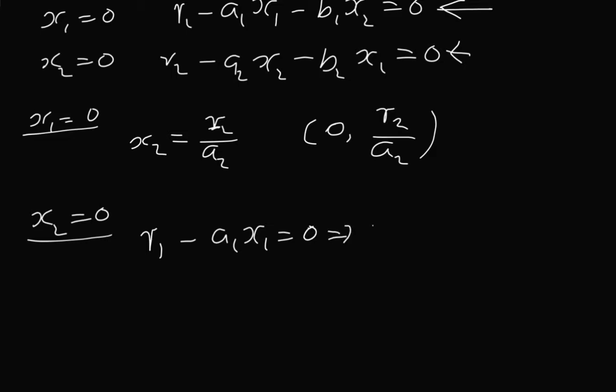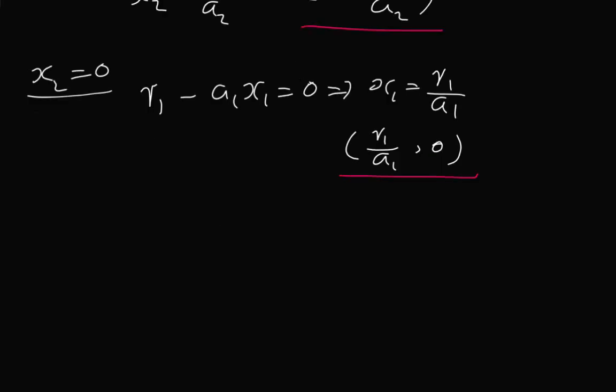From here you can say x1 equals r1 divided by a1. So the point is, I'm sorry, not 0, the point is (r1/a1, 0). So now we have two points, this is the first one and this is the second one. Not only these two points, we also have (0, 0), so we should consider (0, 0) also. That's the third point.